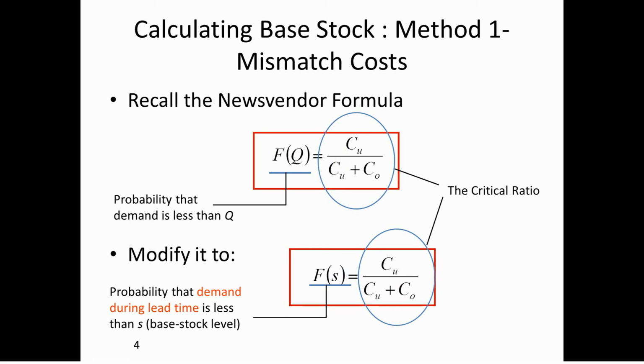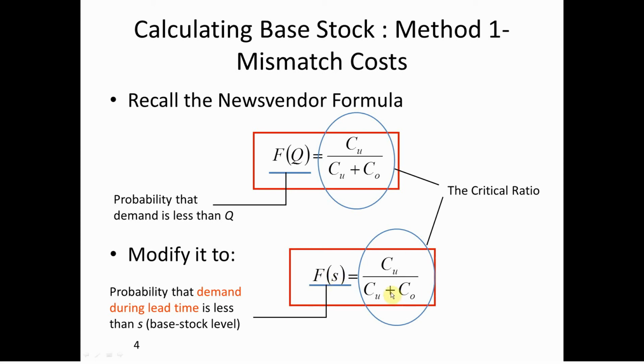Well, this is the same thing, except instead of looking at the entire inventory time period, we'll just look at it over the lead time. So if we look at S as the base stock we want to figure out, we can look at the underage and overage costs for not having enough or having too much over the lead time L. And once again, given the probability distribution, say it's normally distributed, we just look at the inverse of that to find out what value of S gives that probability.